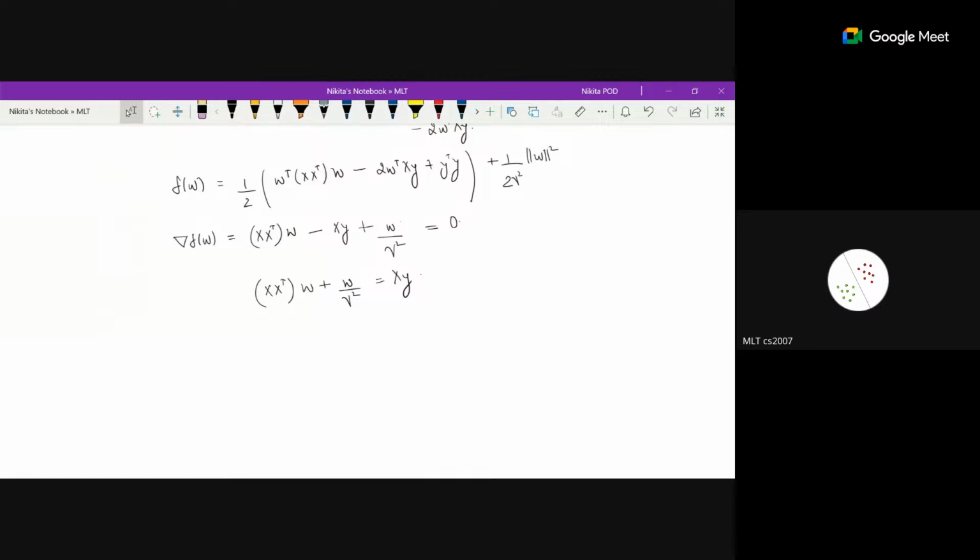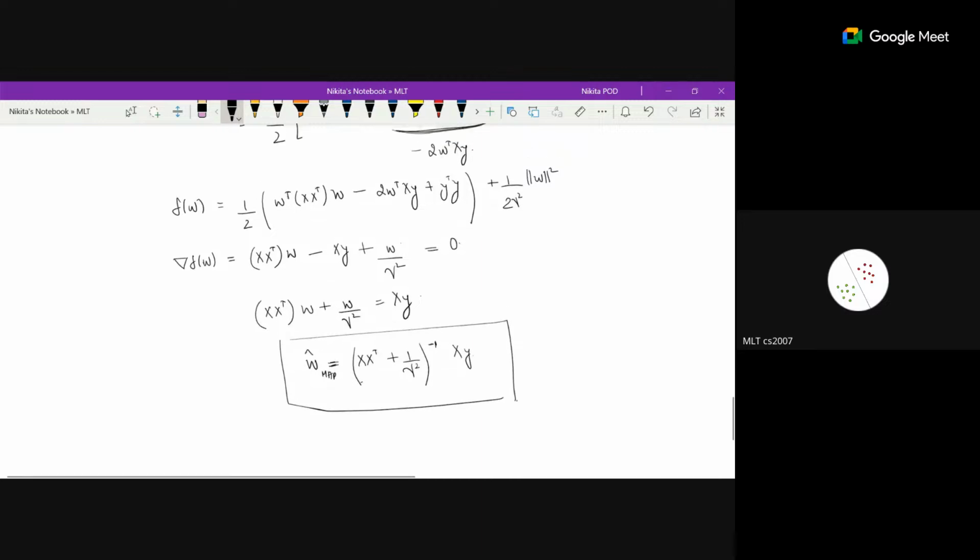And we need to find W. So W is nothing but XX transpose plus 1 upon gamma square I, whole inverse, times XY. So this is the W that we get. So this is my W hat MAP.